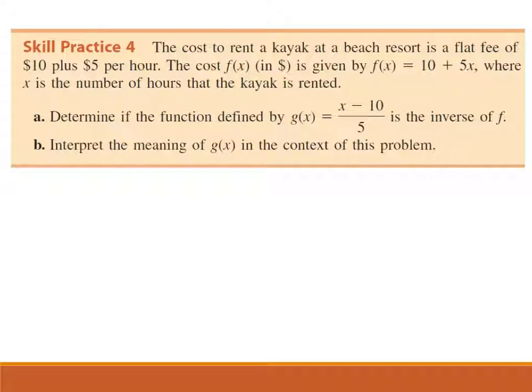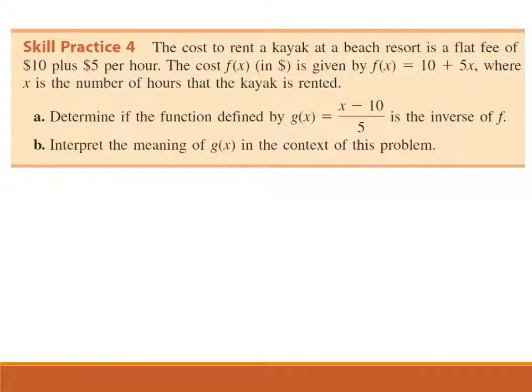Part A says determine if the function defined by g of x equals x minus 10 over 5 is an inverse function of f. And then, in part B, interpret the meaning of g of x in the context of this problem.